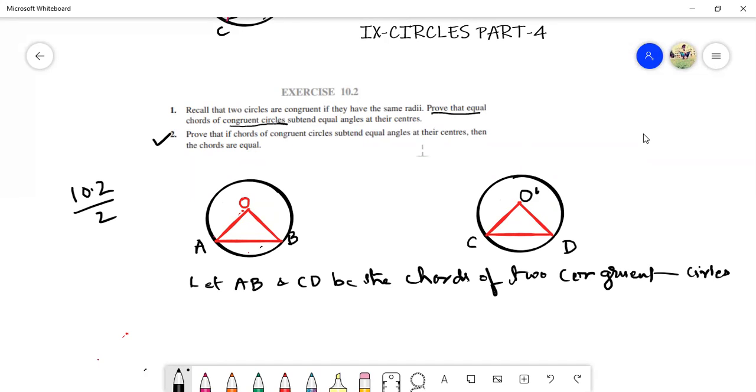This circle we denote by C, center O, radius R, and another is C dash, center is O dash, and radius is same because they are congruent. Now here it is given that they are subtending equal angles.